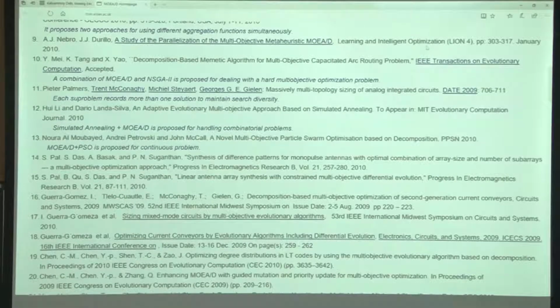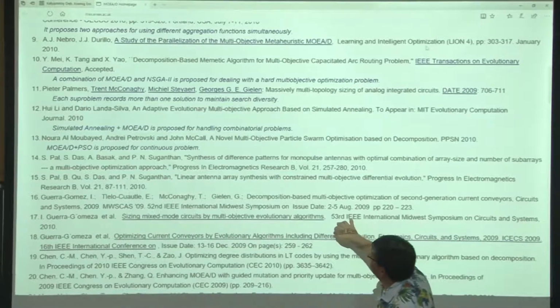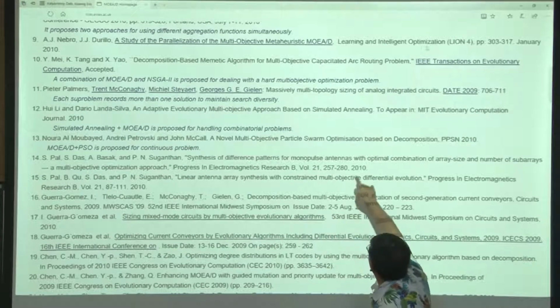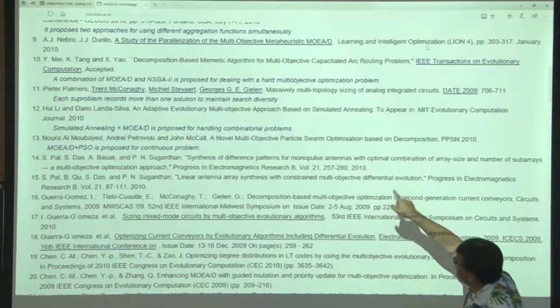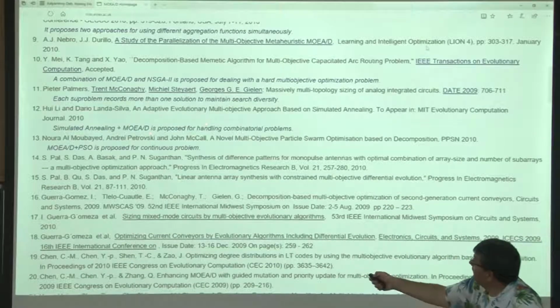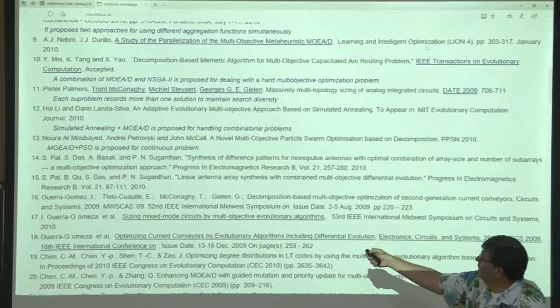And he has one. This is for circuits. And he has one with simulated annealing. He has one with simulated annealing. And a MOEA/D.